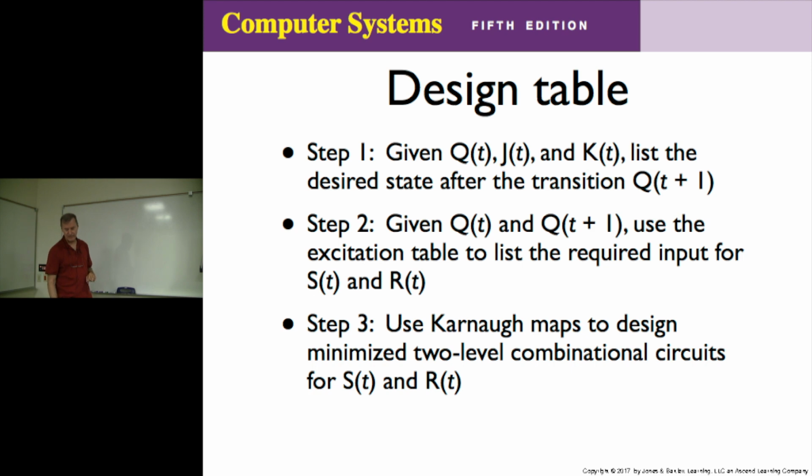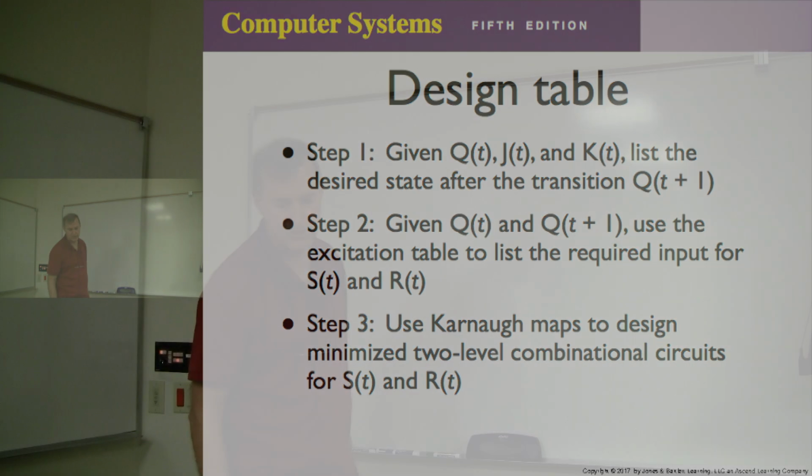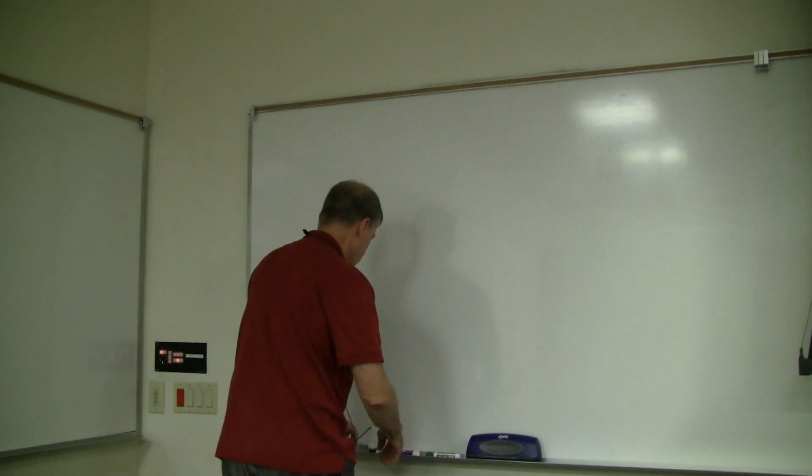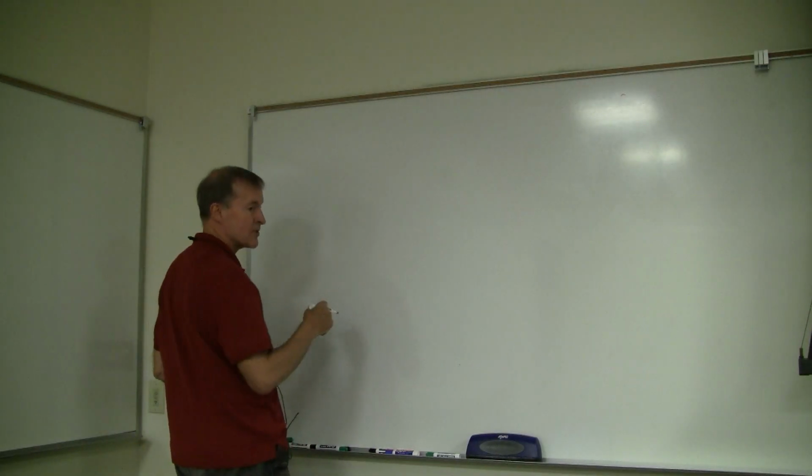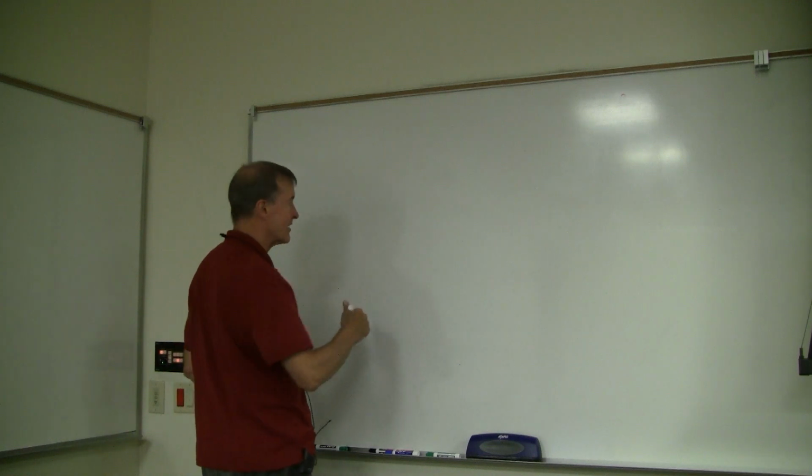So let's see if we can go through the steps of this design table very systematically and design our JK flip-flop. Step 1, given Q at time t, J at time t, and K at time t, list the desired state after the transition, Q at time t plus 1. Let's see if you can do this without peeking ahead at the slides.